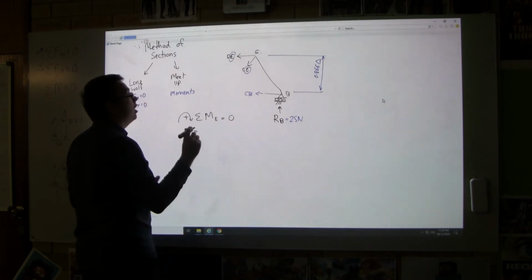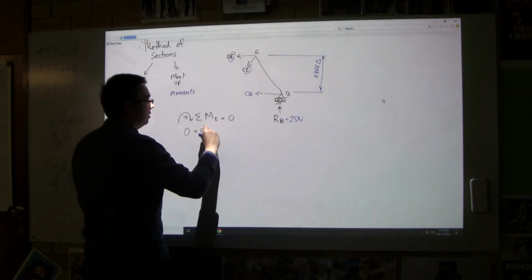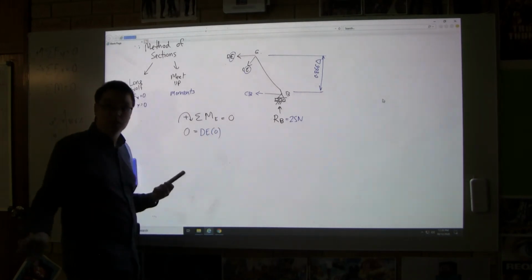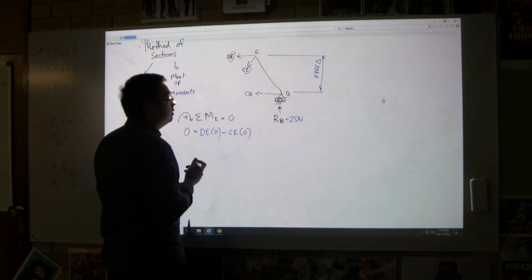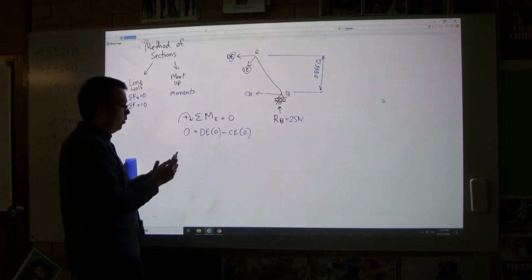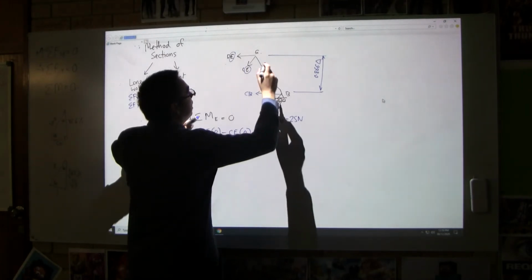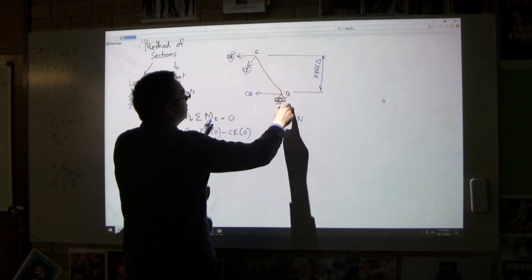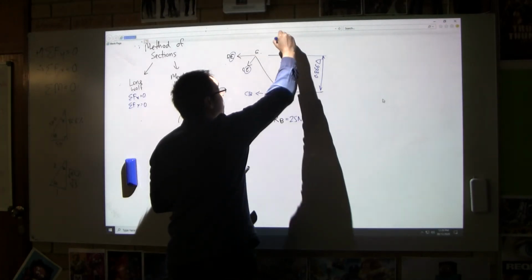0 equals, okay, well, we've got DE times 0 distance, ignore it, minus CE, 0 distance. Okay, well, what else do we have? We have B, we have RB. In this case here, we have to extend this line all the way up.